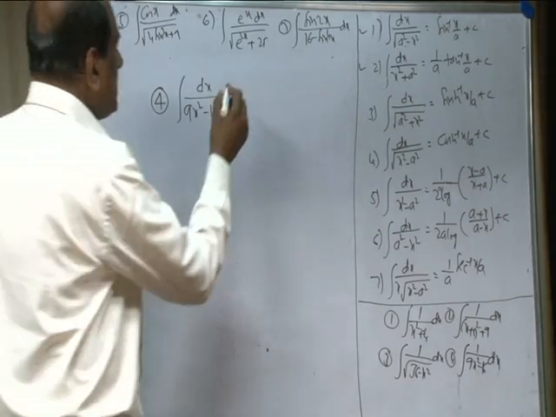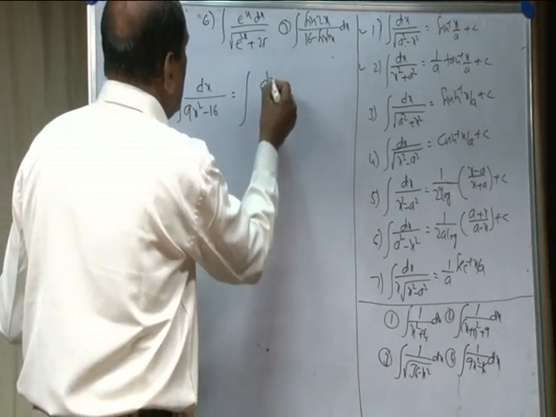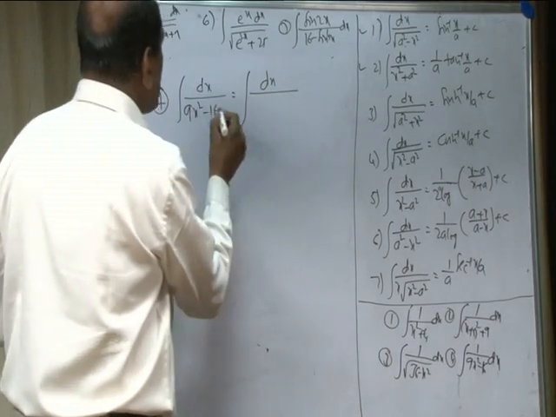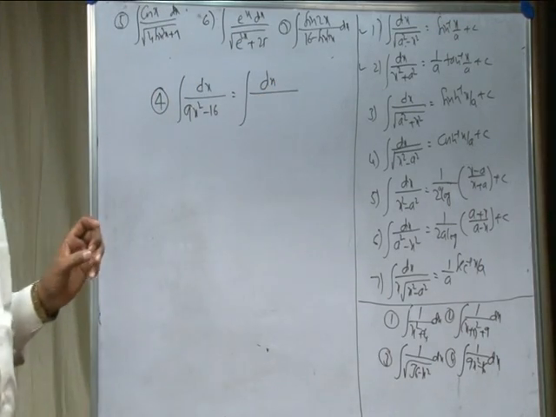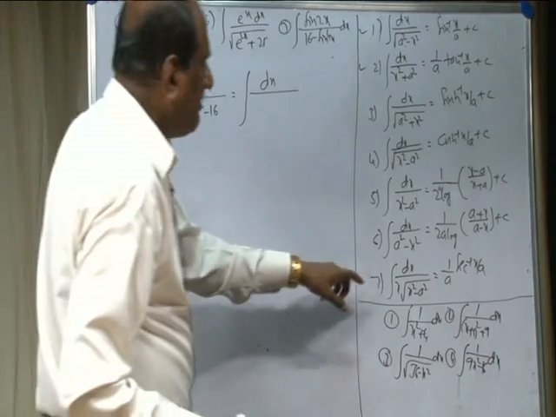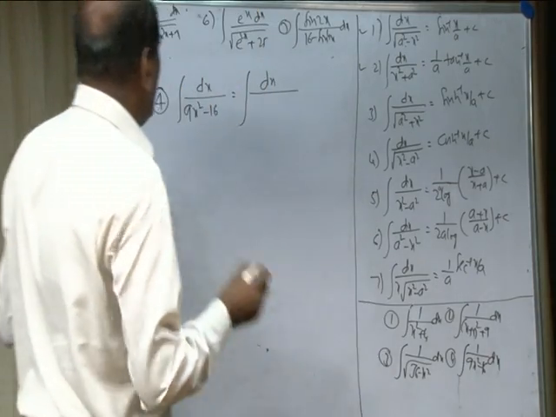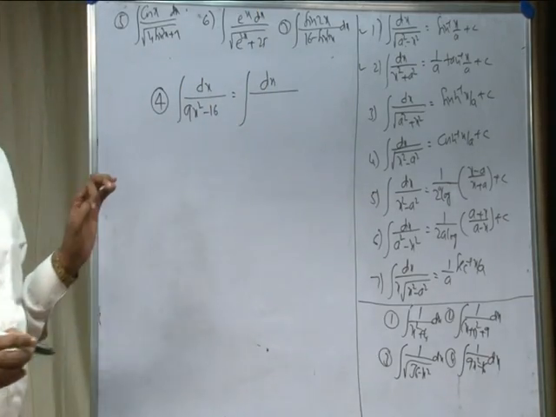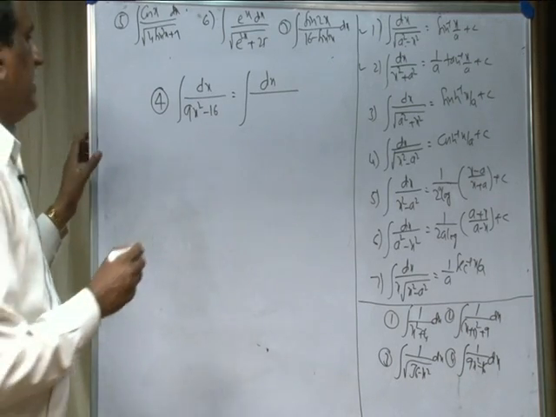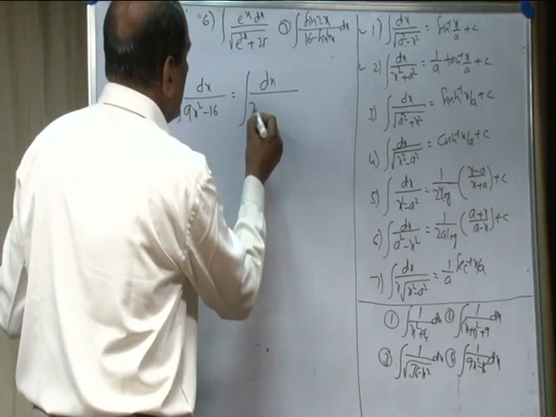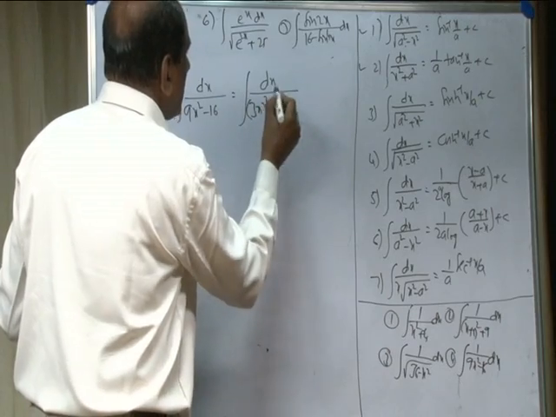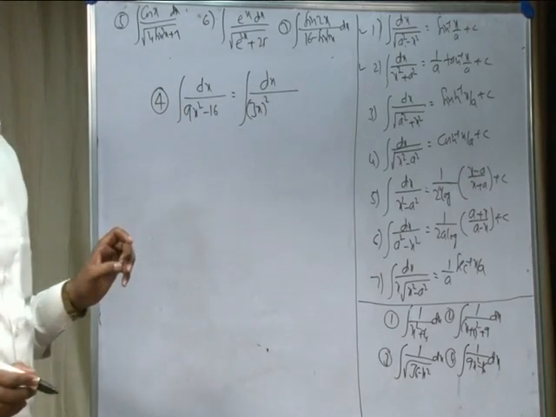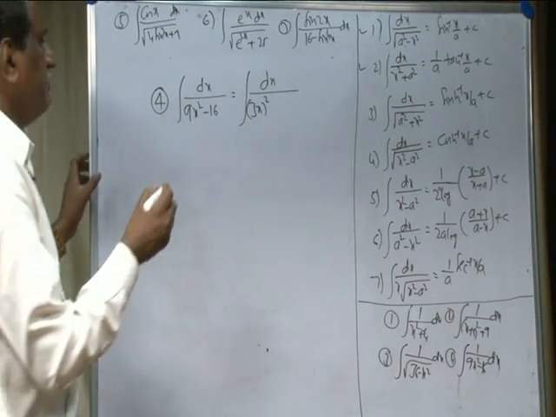Now, express this in the form of dx divided by x square minus a square, the denominator in x square minus a square form. How to write 9x square as a perfect square? That is 3x whole square: 3 square is 9, x square is x square, that is 9x square.